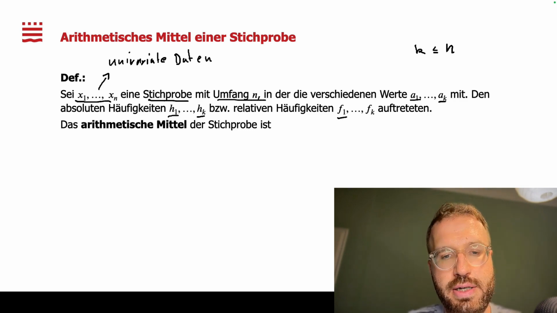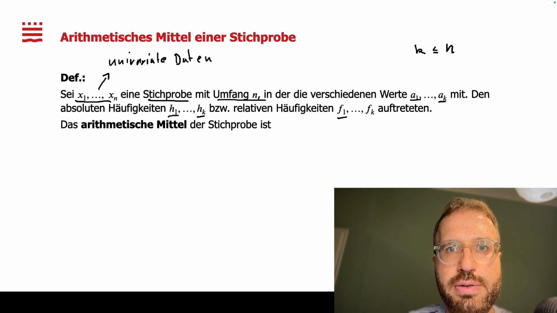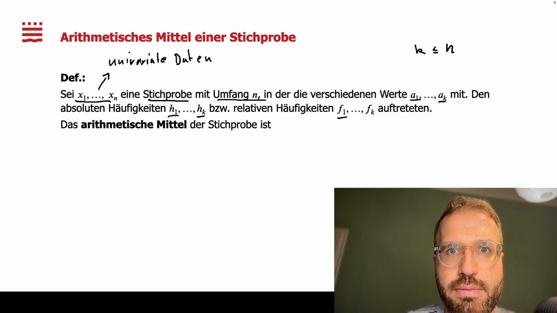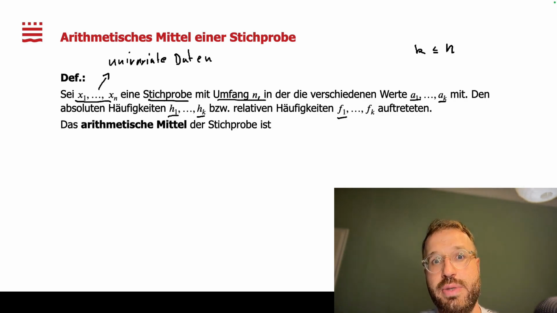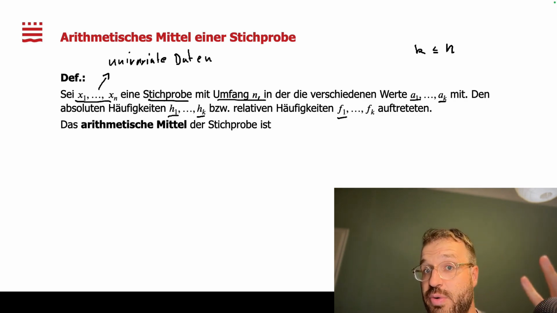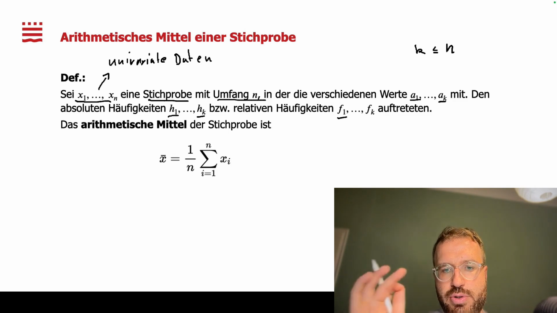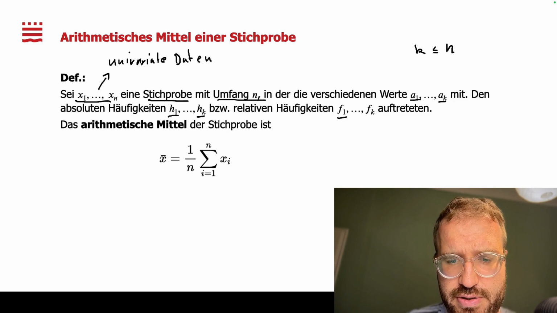Well, now we are here. We can now define the arithmetic mean using the formula. And in fact, you may have already done this when you calculated your grade averages. So what do you do then? You calculate the sum of all grades and divide it by the total number of grades that have been awarded, which is the scope.